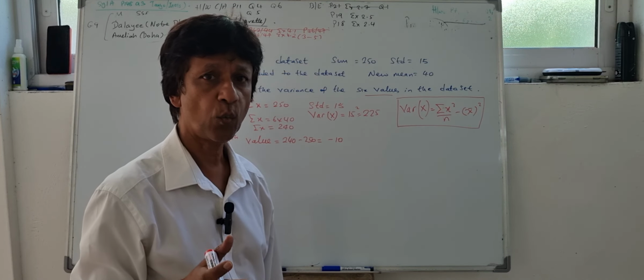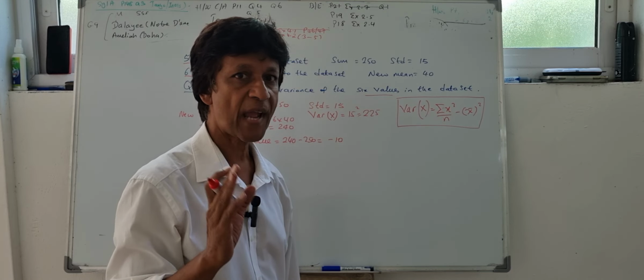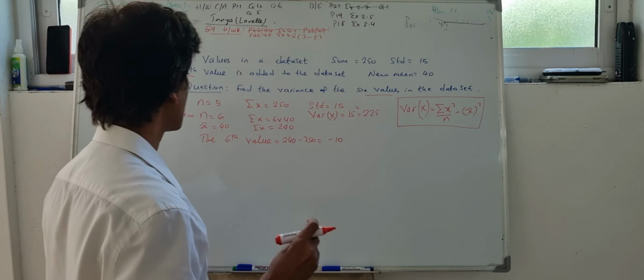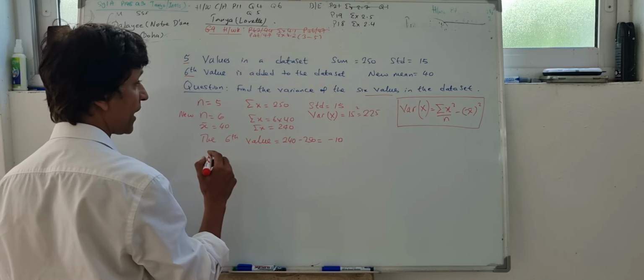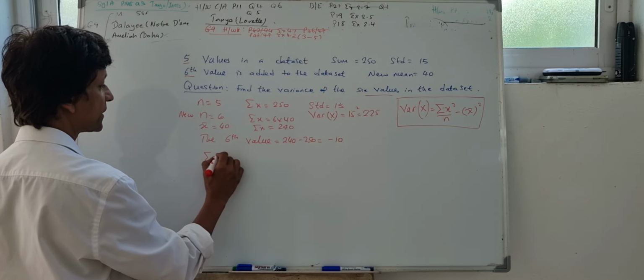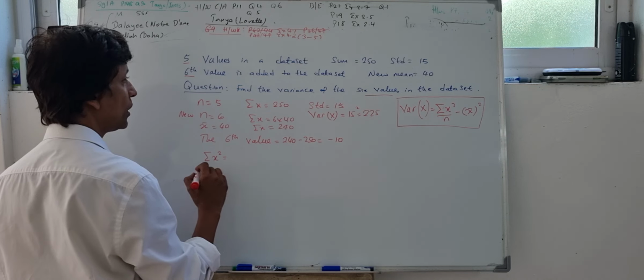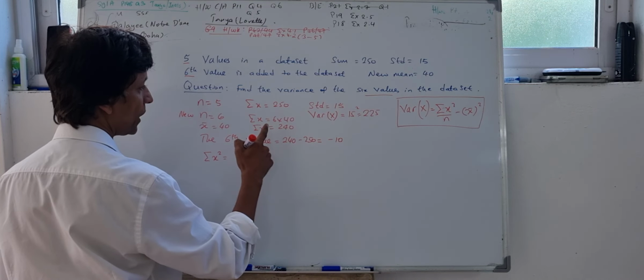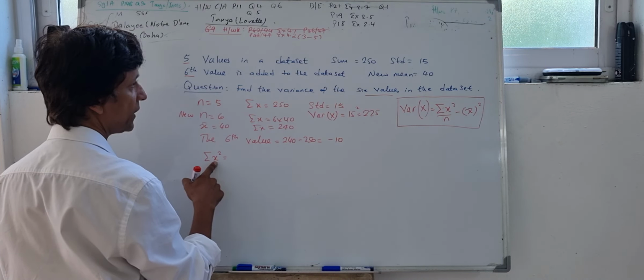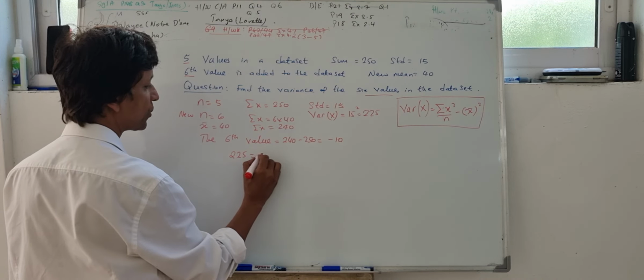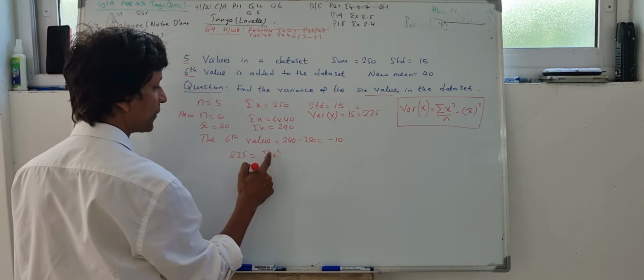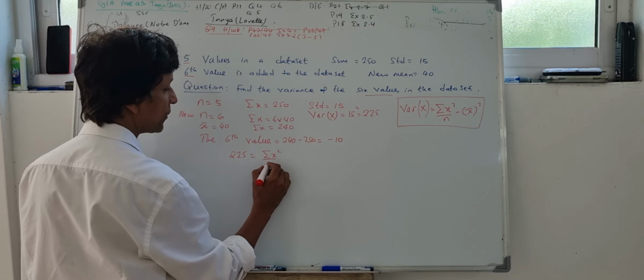I'm interested to know the summation of x squared for the 5 values. If we use the formula, the variance of x, which is 225, is equal to the summation of x squared, which I'm interested to find, divided by n, which is 5, minus the mean squared.